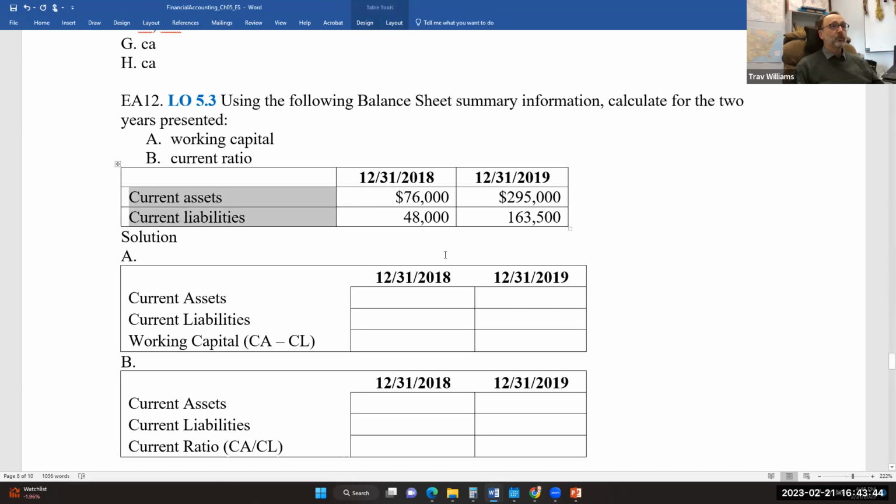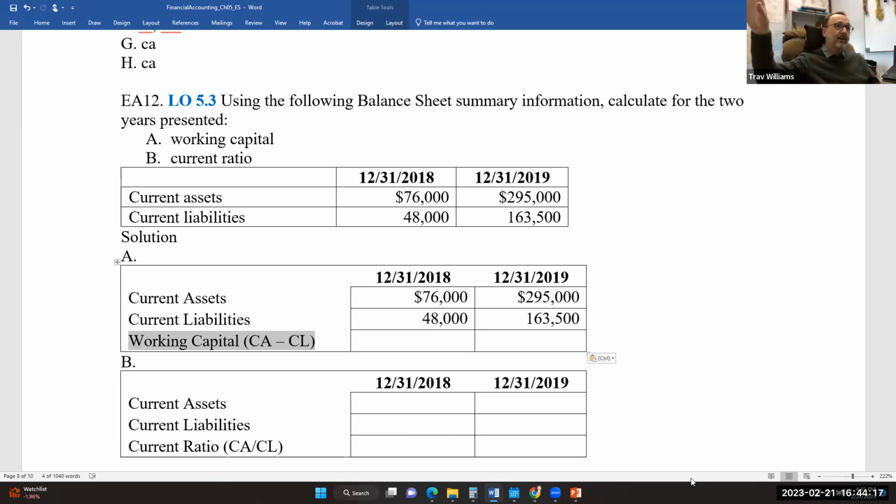Now, there are two basic ways to look at liquidity. One is we could take our current assets, subtract our current liabilities, and the difference is what's called working capital. We see that right here. Current assets minus current liabilities equals working capital. And that really means how much money or capital do we have available in the short term to work with?